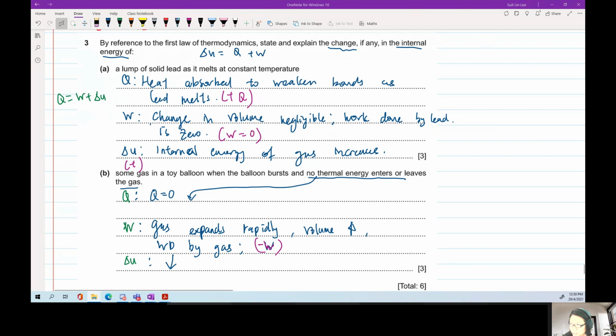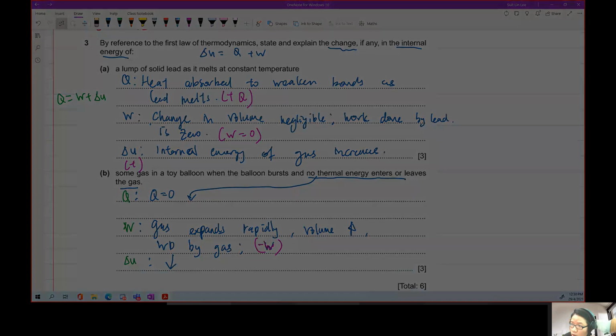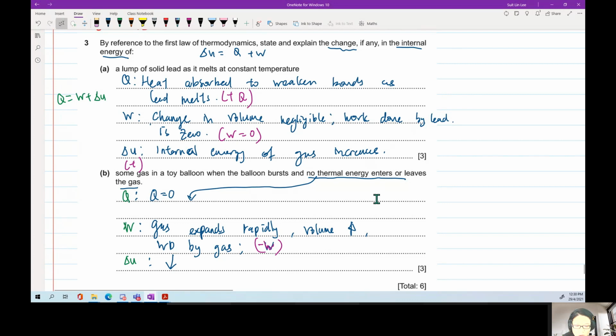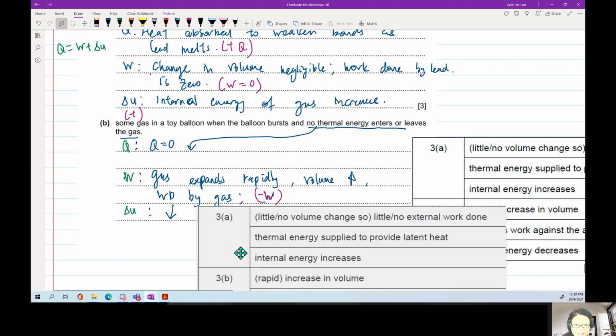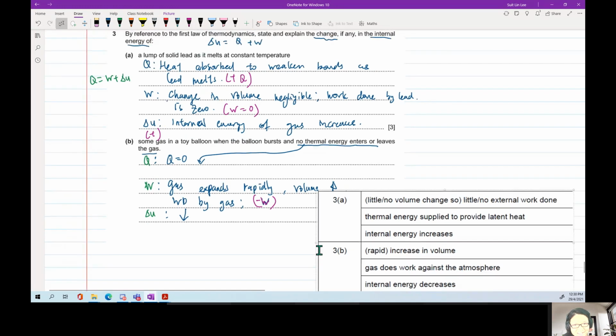I will show you the mark scheme now. Question 3. I haven't seen the mark scheme in my life. So now we compare them side by side.